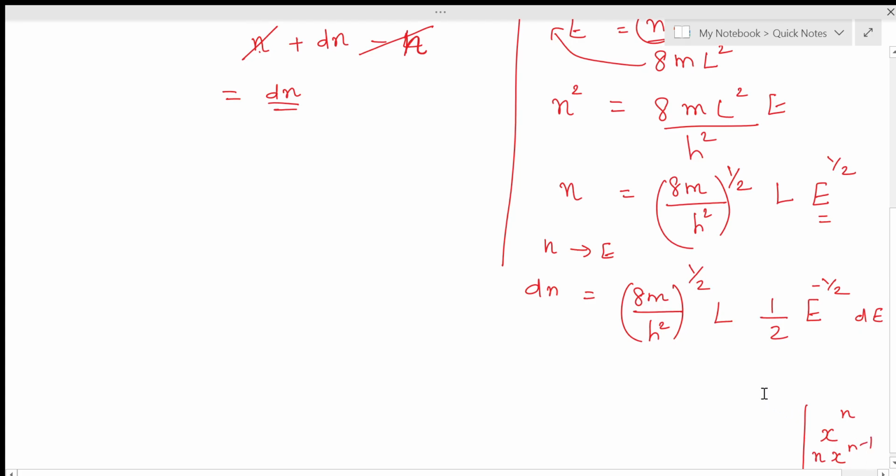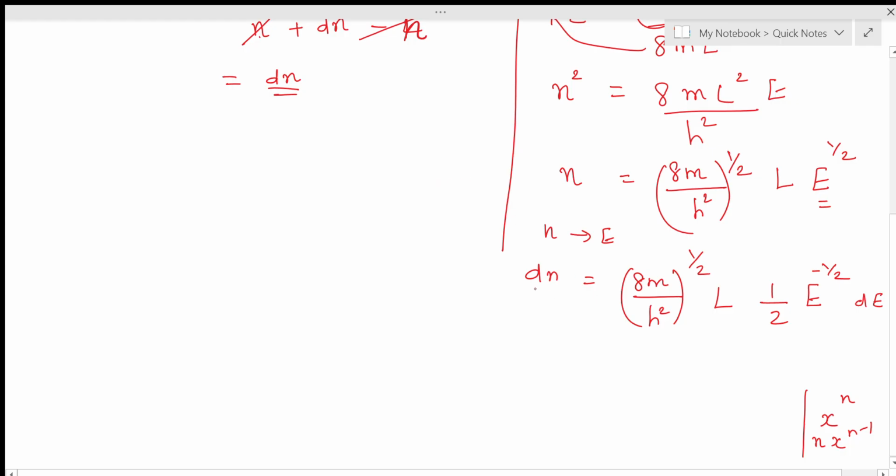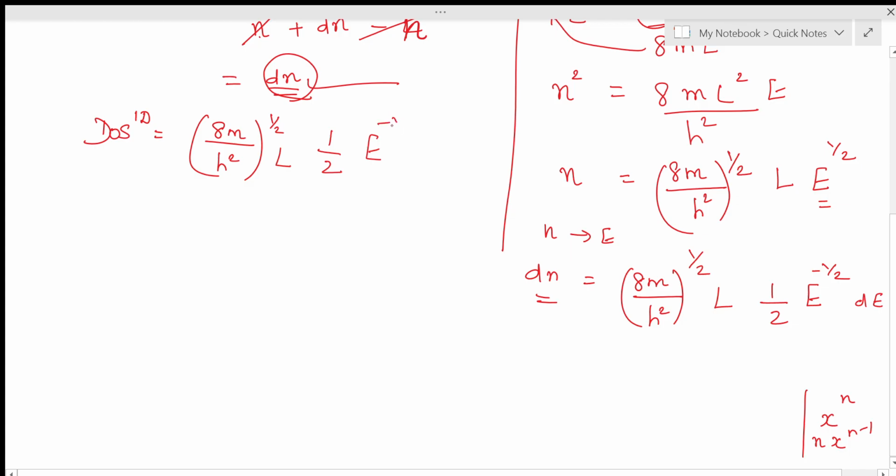Now we are going to substitute this dn here. Therefore, the density of states of 1D is equal to the number of available energy states within this interval dn. Therefore, 8m by h square, the whole power half, L, half E power minus half dE. Now, per unit length, that is, L should be taken as 1 meter, that is unity.